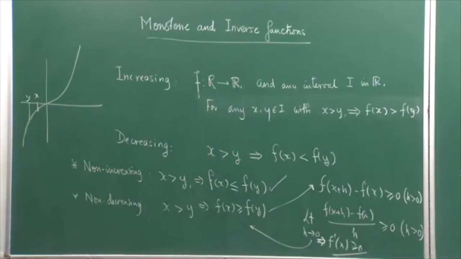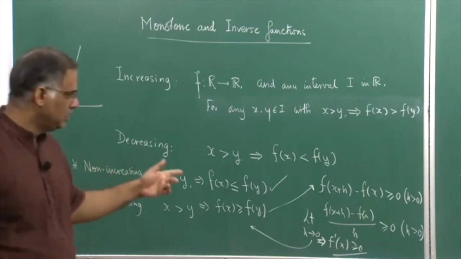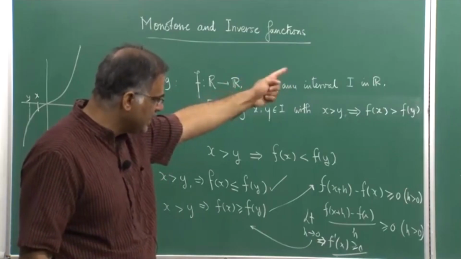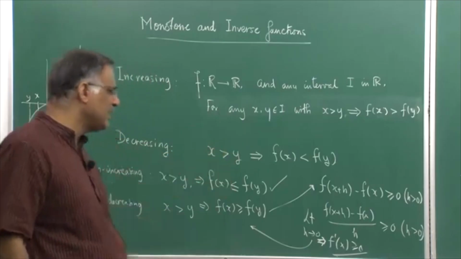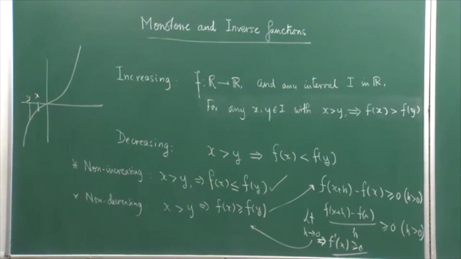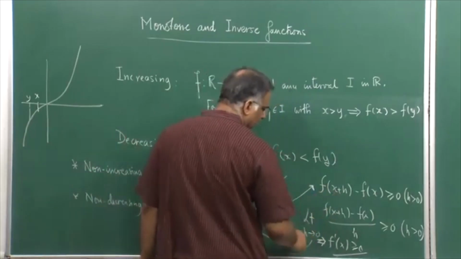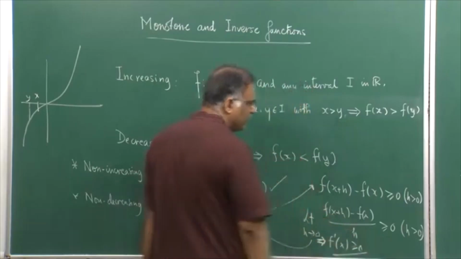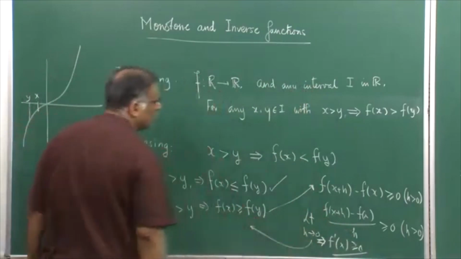We know that in the strict case it is sufficient but not necessary. But here, is it both necessary and sufficient? That is what we want to check. Necessary is obvious, because I have taken the limit h going to 0 plus, and because the derivative exists, we get it. But what about the reverse in this case? That is the question that I want to ask.